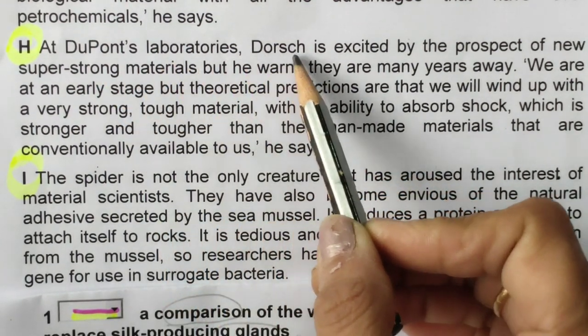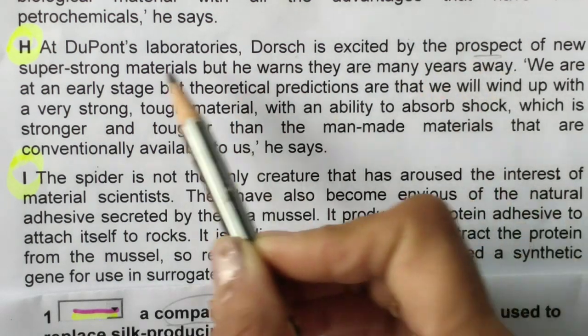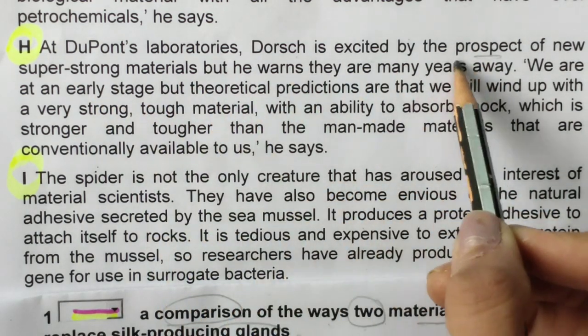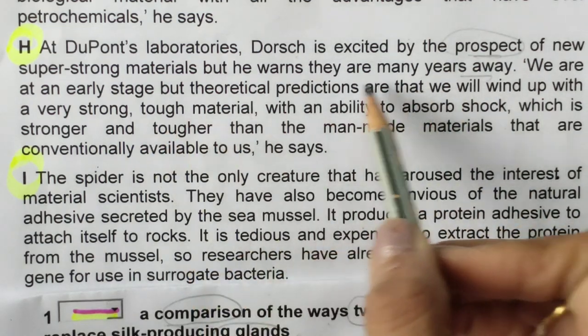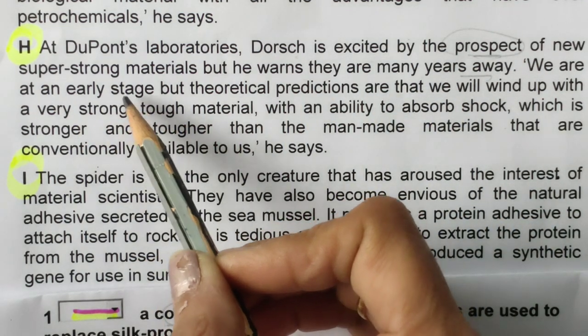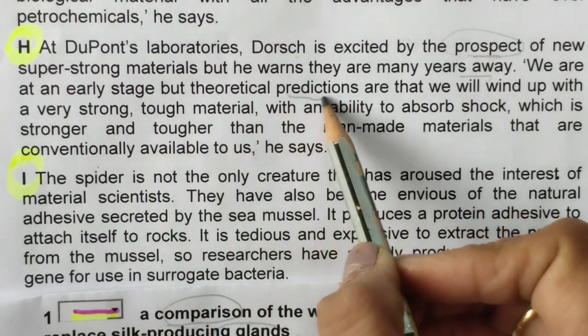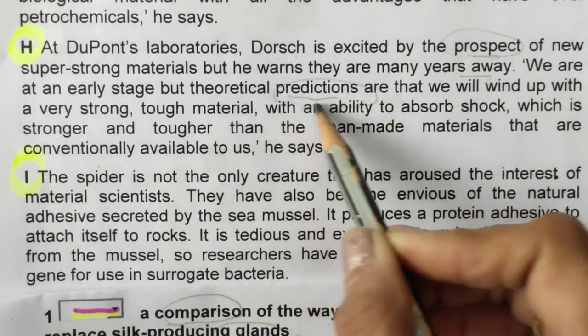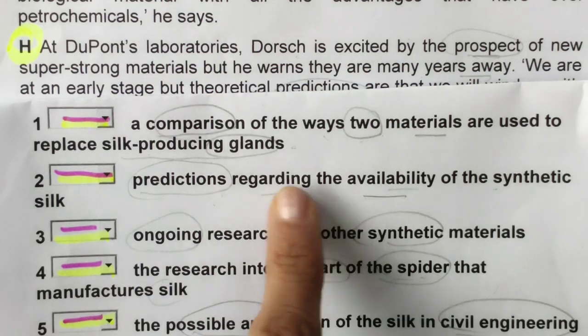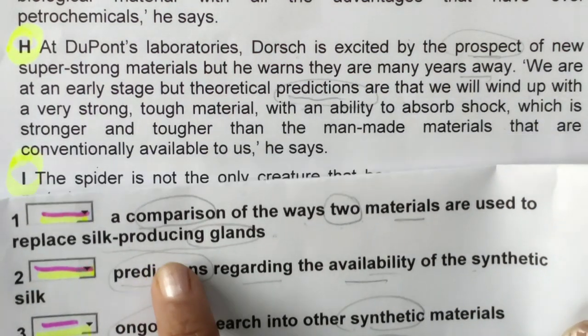At DuPont Laboratory, Dorsch is excited by the prospect of new super strong materials. But he warns that they are many years away. We are at an extreme early stage, but theoretically predictions are that we will wind up with very strong, tough material. So prediction is there: predictions regarding the availability of synthetic silk.